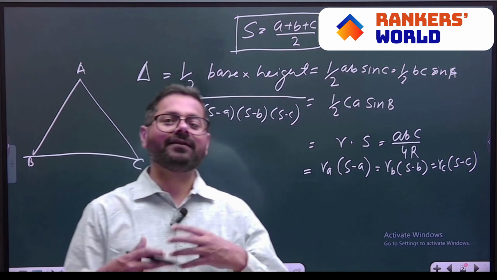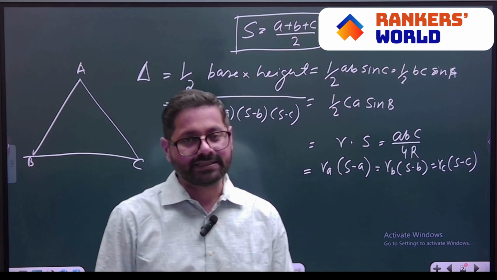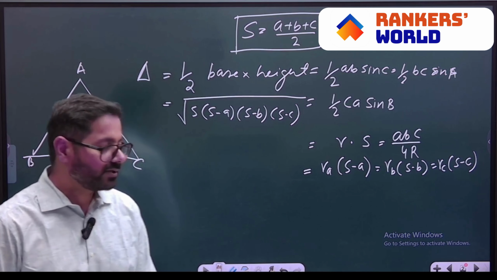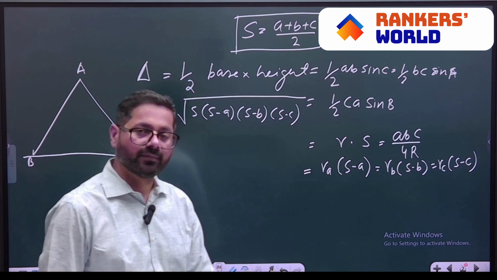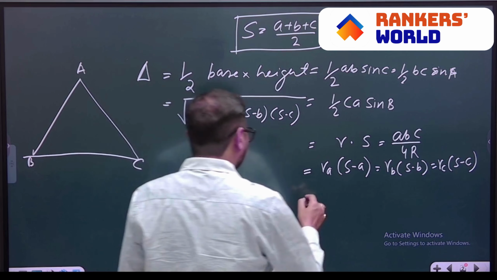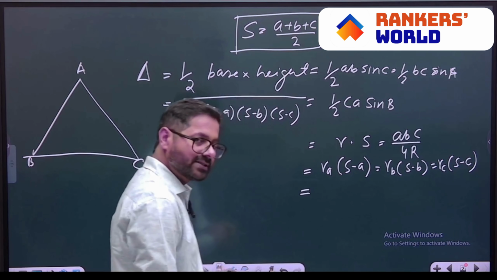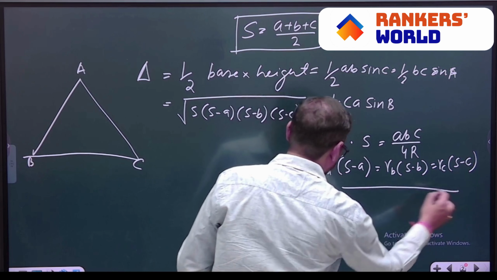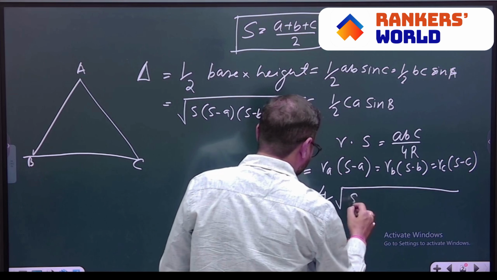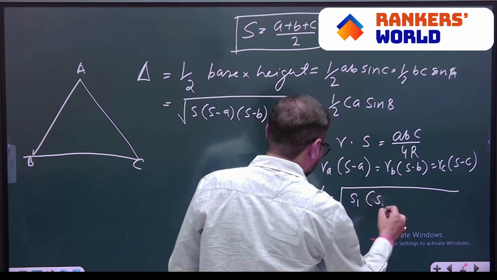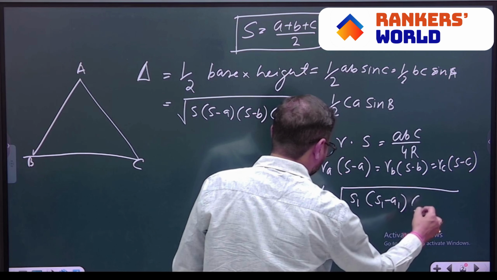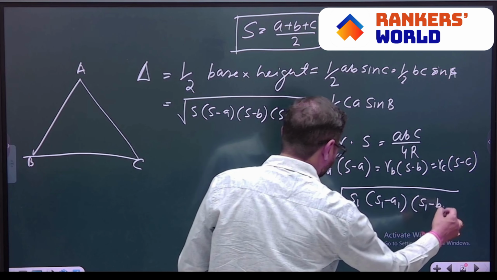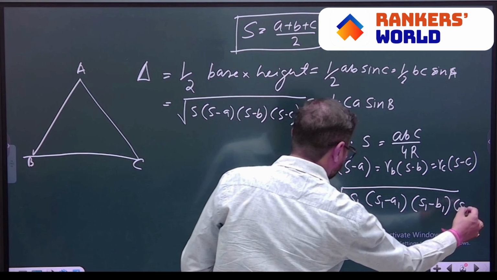What it means when we say RA, RB, RC, I will explain it, but this is also a part of the area formula. Another area formula for a triangle is 4 by 3 of under root S1, S1 minus A1, S1 minus B1, S1 minus C1.